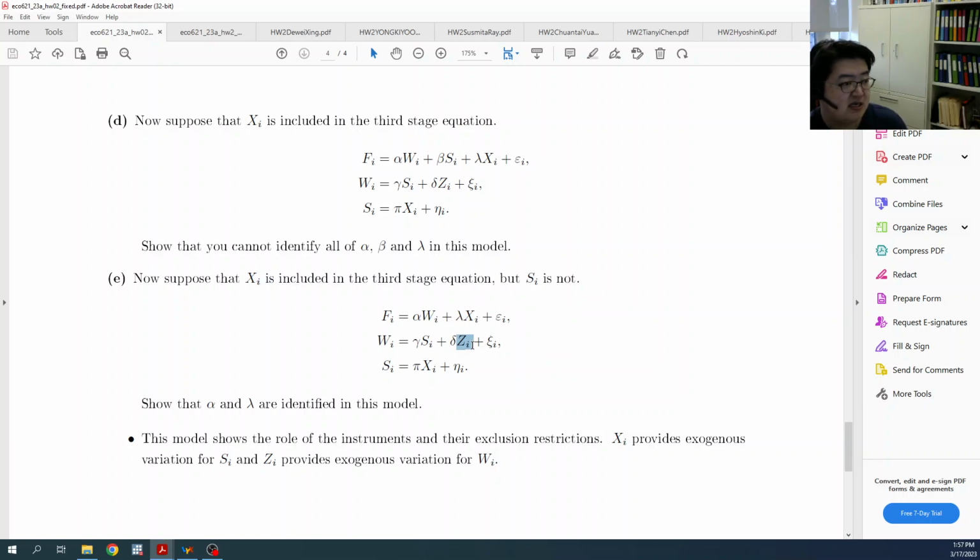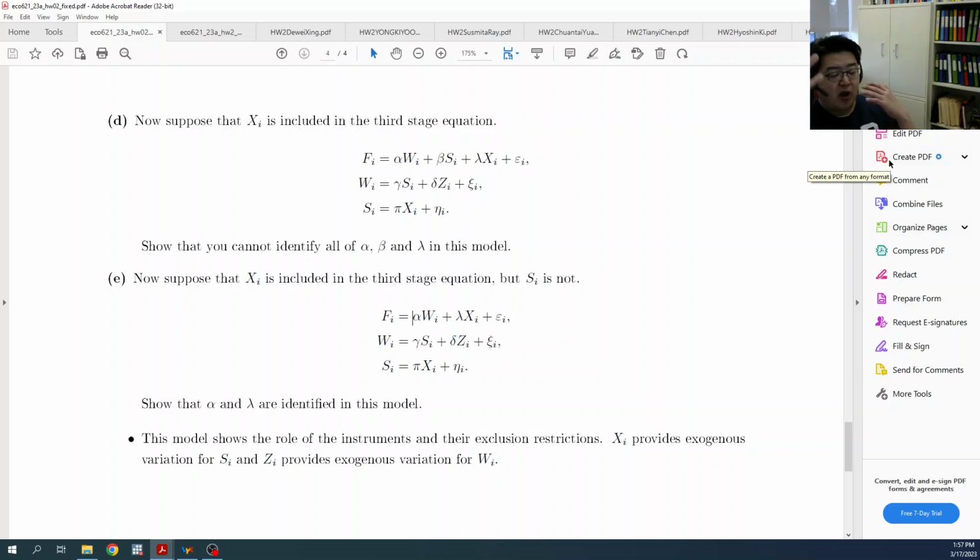That is Z, right? S is not a problem because X will handle this part. So Z is required to identify alpha. I mean, delta is non-zero. So that effect of Z varies W, which can identify alpha. That is the intuition here.